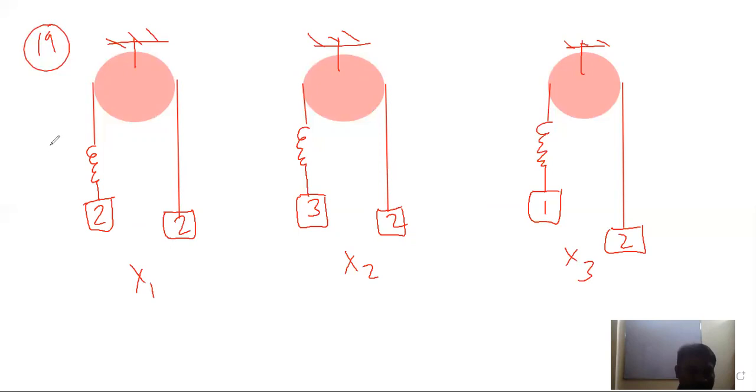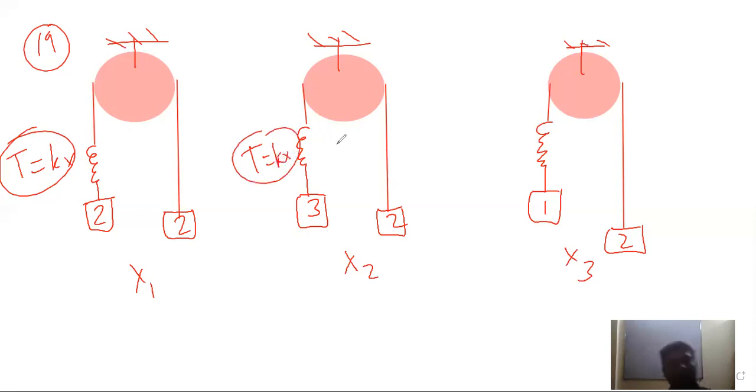The extension is given by the spring force Kx, which is equal to the tension in all three cases. Because the springs and strings are attached, there is only one string throughout. The tension in one string is constant, and the tension force will be equal to the spring force.